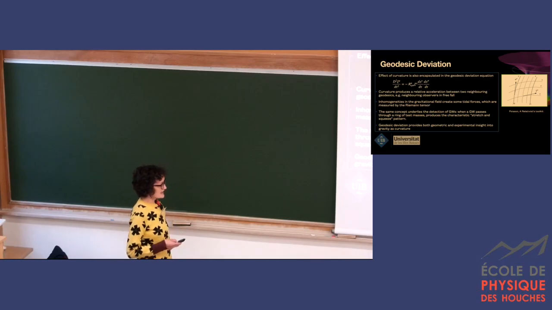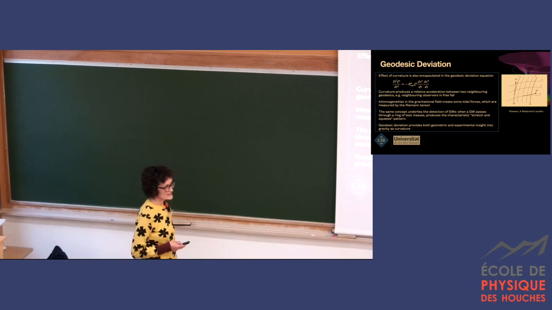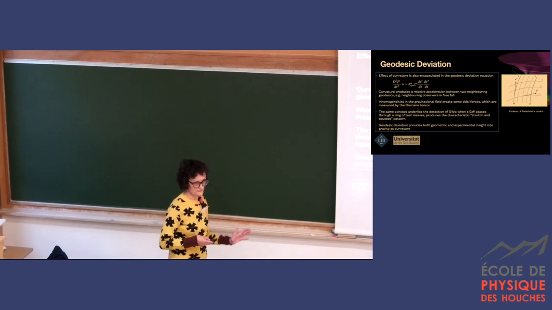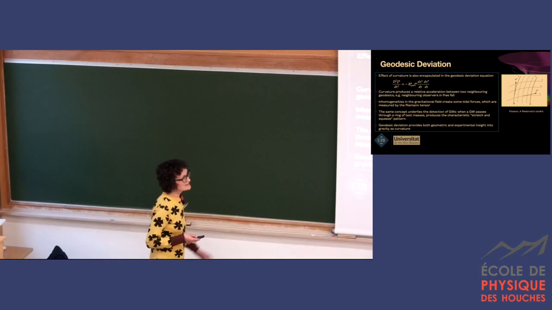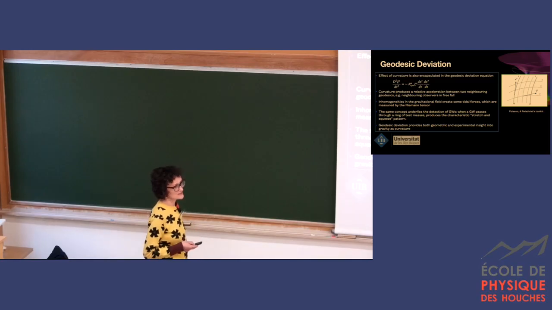Obviously, we all know that if we have two, say, straight lines in flat space, there is no way that they will just diverge or converge in flat spacetime.